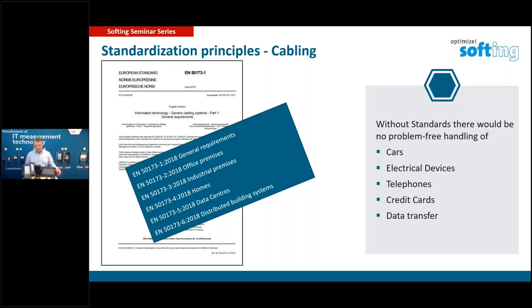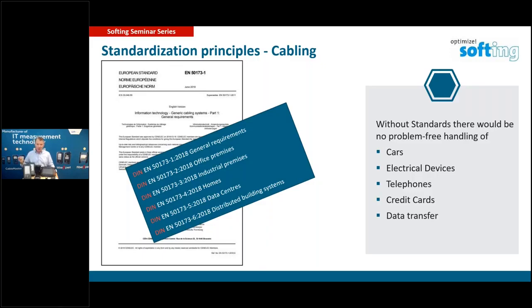So we have a European standard, which is written by the CENELEC organization. If you adapt that European standard to your local country, like we did here in Germany, for instance, it will get 3 more digits. We then call it DIN EN 50173.